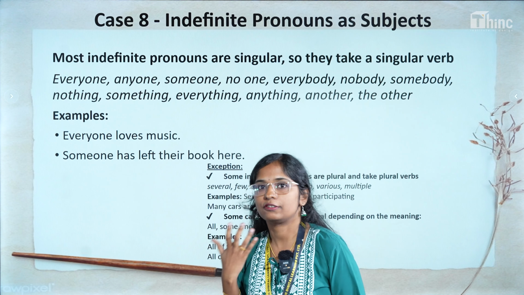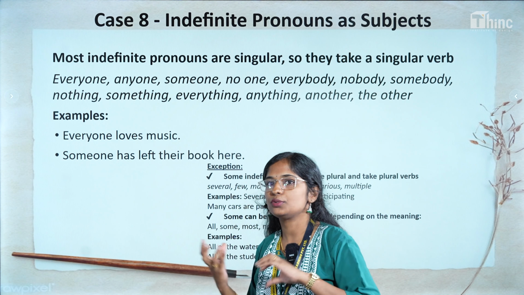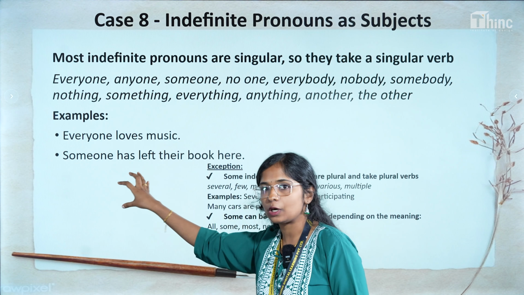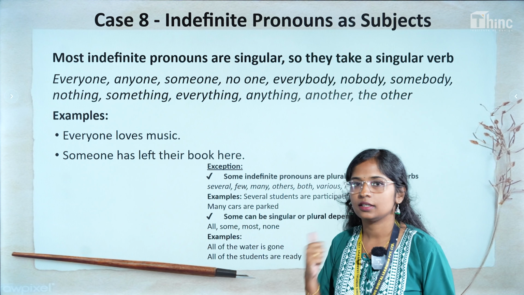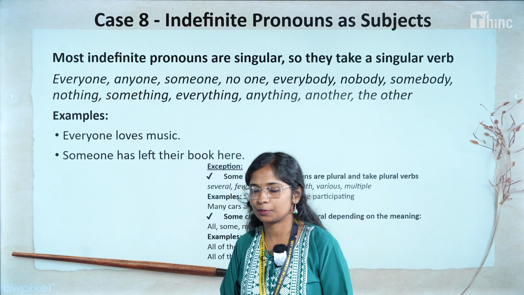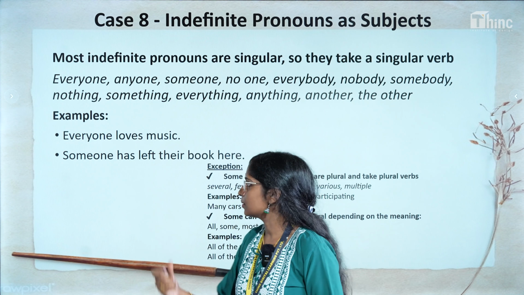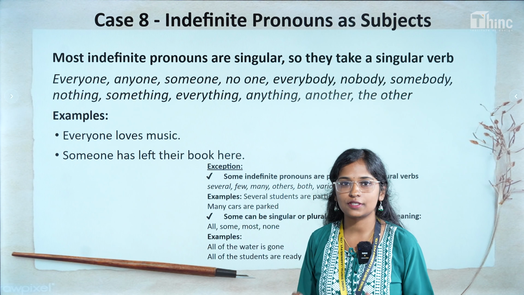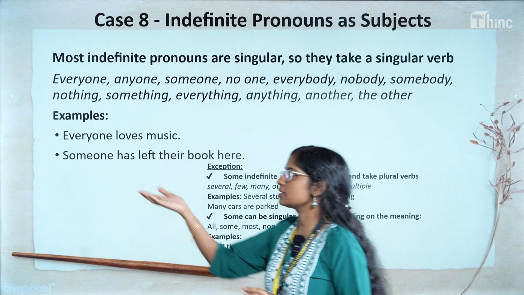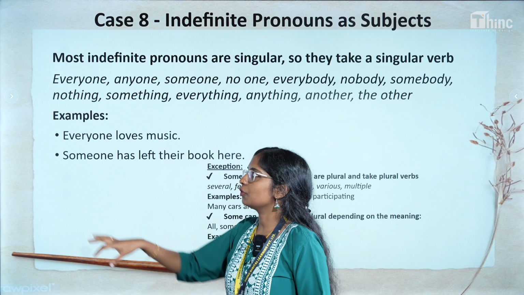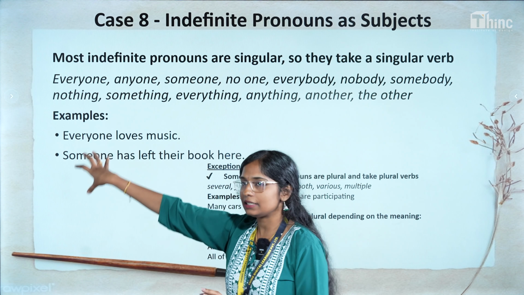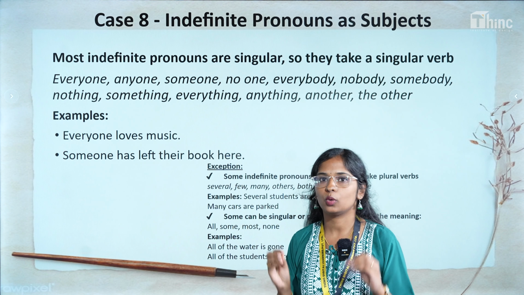Everyone is the indefinite pronoun, and with it we use the singular form of the verb, loves. Nobody is at the party. Nobody is an indefinite pronoun, so we use is. Someone has left their book here. It is not have, it is has. So for indefinite pronouns like these, we use a singular verb.